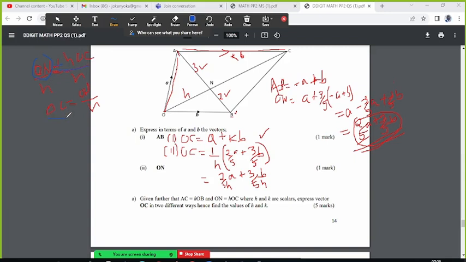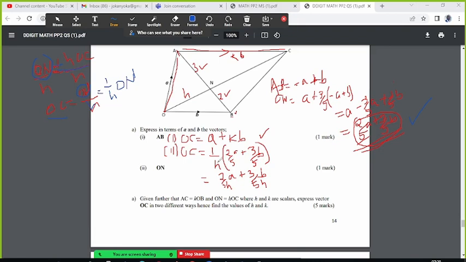So OC is equal to ON over h, which is the same as 1 over h ON. So we substitute the vector ON that we have worked out. Vector ON is 2 over 5 A plus 3 over 5 B.